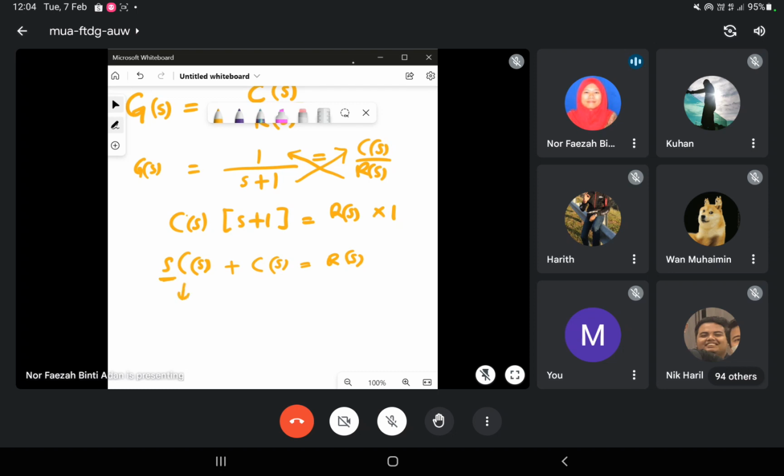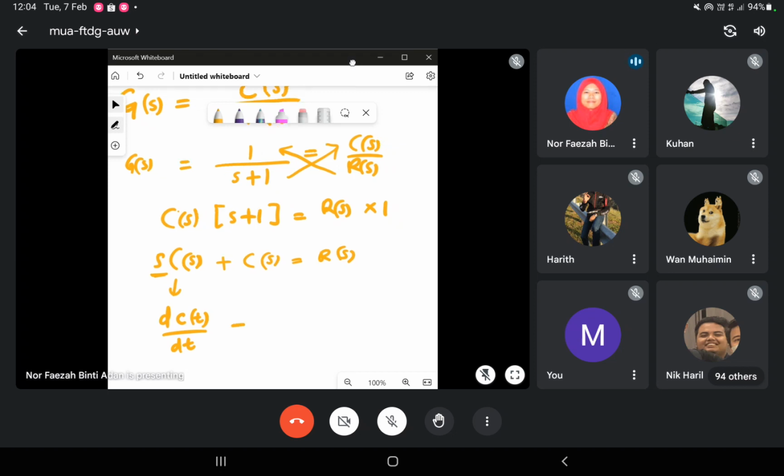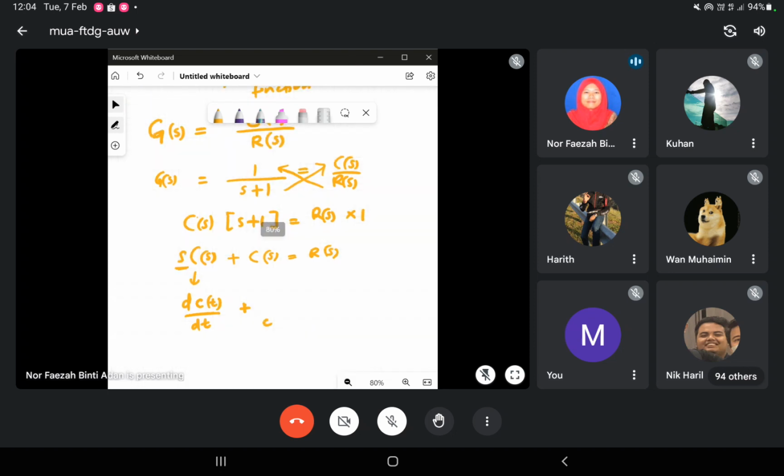S C(S) equals what? dc(t)/dt, just a single order or first order differential equation, plus C(S), which becomes c(t), and R(S) becomes r(t), I use small r. So this is the differential equation for your system, which can also be denoted by G(S) if you rearrange it back.